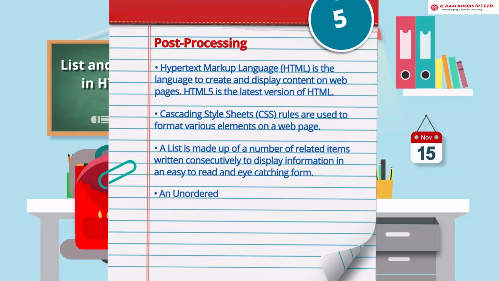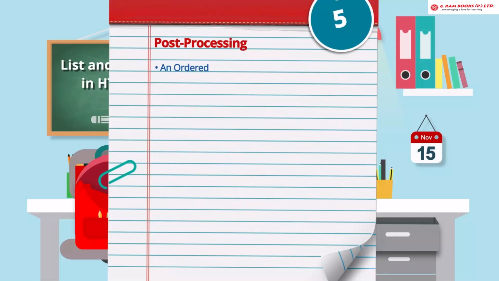An unordered list, represented by UL and /UL tags, is a list of related items in which the order of items is not important. An ordered list, represented by OL and /OL tags, is a list of related items in which the order of items is important.